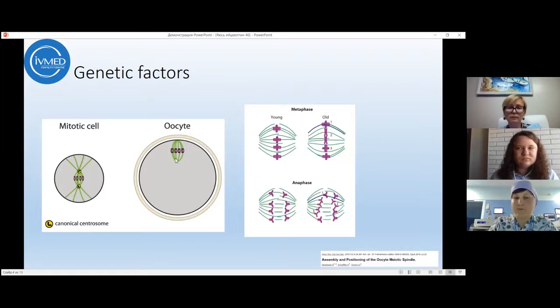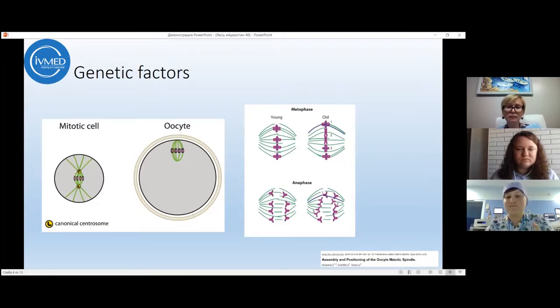We have 2 types of cell division. We have mitotic cell division, and meiosis, the process of egg and sperm maturation. So the main problem in humans is that we have very genetically unstable oocytes.